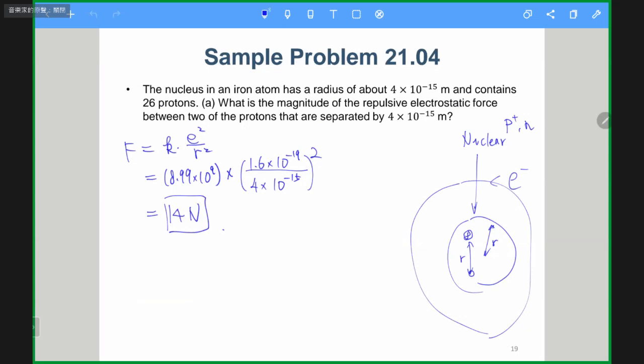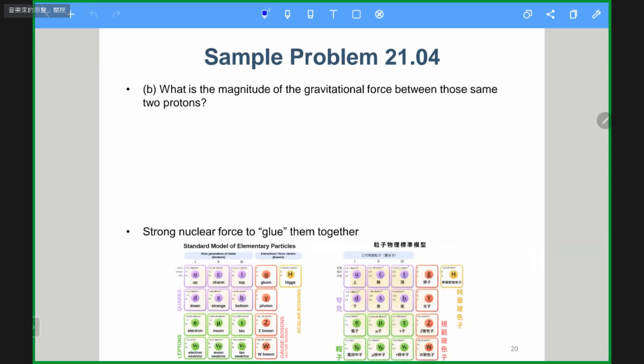Of course both of the protons have a positive charge, so the force must be repelling. Otherwise they should move according to Newton's second law of motion. But as you know, they can only oscillate nearby, so they can't really move.